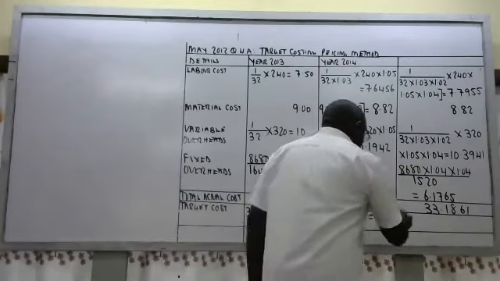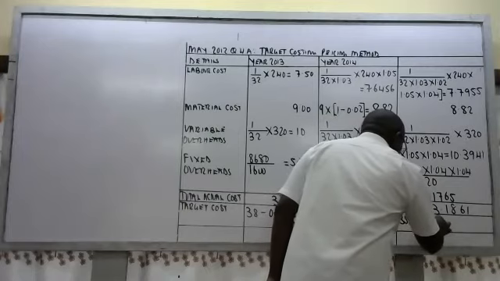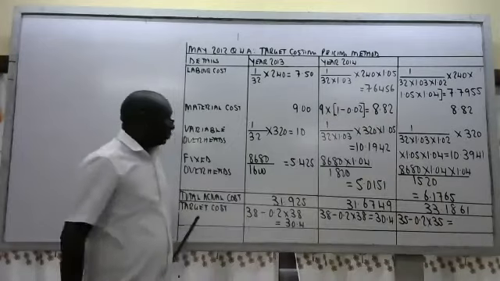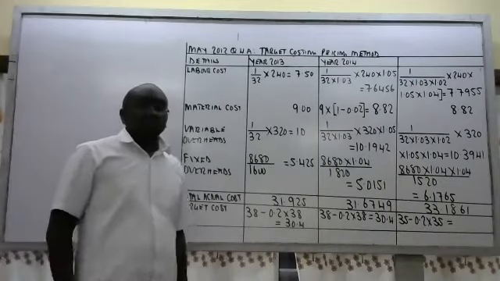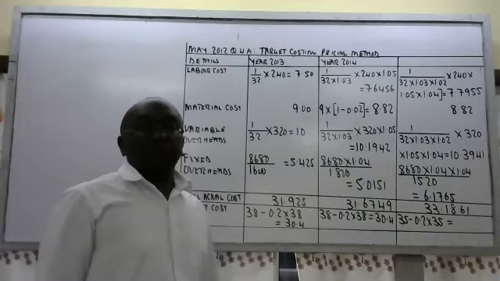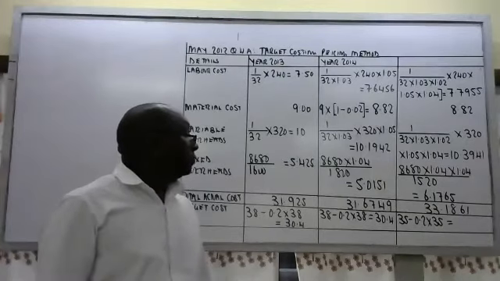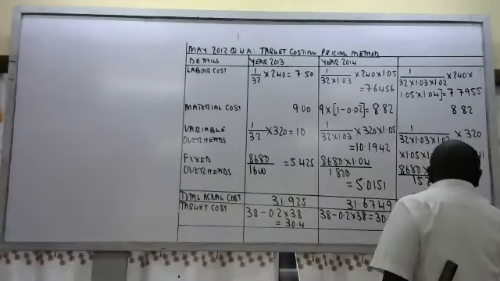The last year, it is 35 minus 0.2 of 35, that is 28.